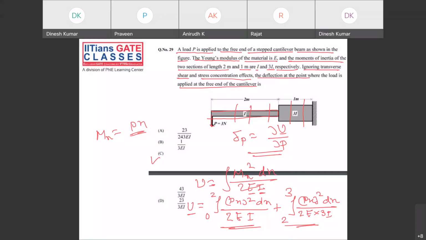Whenever your cross section is varying, material property is varying, your moment is varying, the best method is strain energy. If you want to use another method, it is given in the IGC solution manual. That is, you can say, a kind of method of superposition. Okay, Rajat? But I will suggest this is the easiest method.